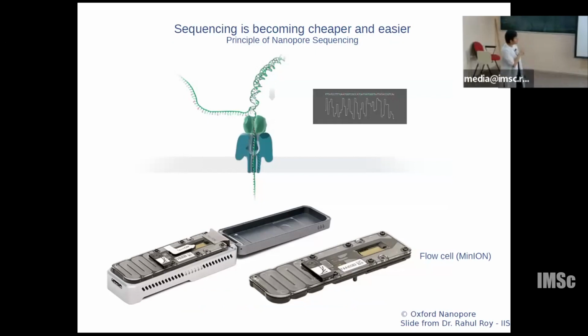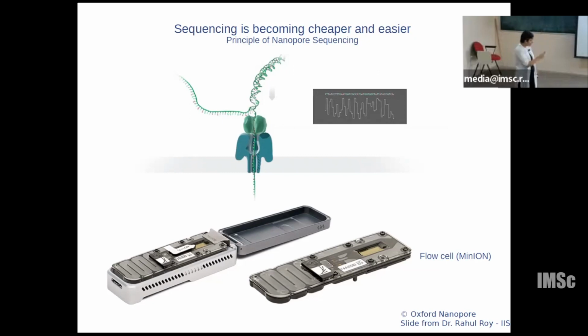This is the sequencing that I use, and I'm a bit of an evangelist for this. It's called nanopore. In this kind of sequencing, you get a protein molecule embedded onto a membrane, and you have DNA going through that pore. The green protein is sitting on top, and the one at the bottom is a pore protein, through which DNA is getting threaded.